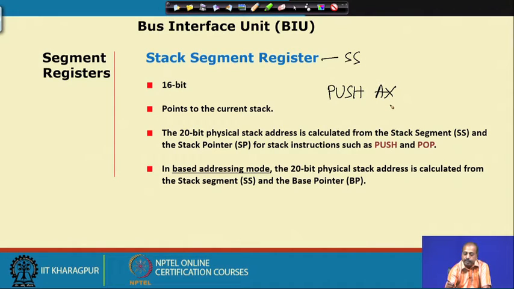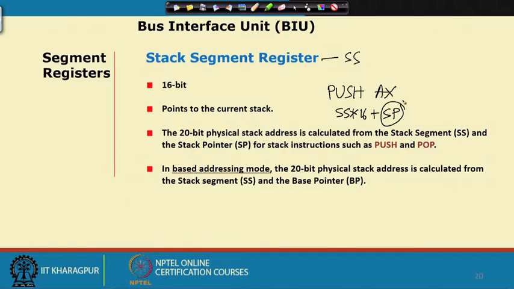To what address will it be pushed? That will be determined by the segment register content multiplied by 16 plus the stack pointer register. There is a stack pointer register available in the execution unit of this 8086. That value will be added to 16 into SS, and that will give me the address where the AX content will go.